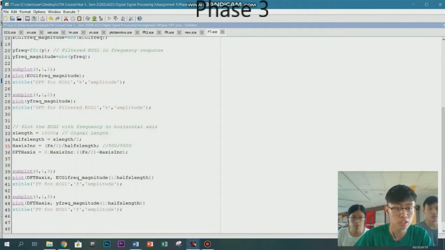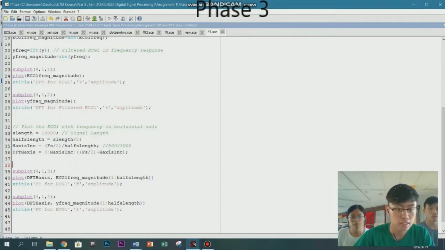The signal length based on ECG1 is 10,000, and we divide the length by 2. The axis INC is the scale of the horizontal axis. Fs is 1000, so 1000 divided by 2 is 500, and divided by 5000 again, the scale becomes 0.1 Hz.